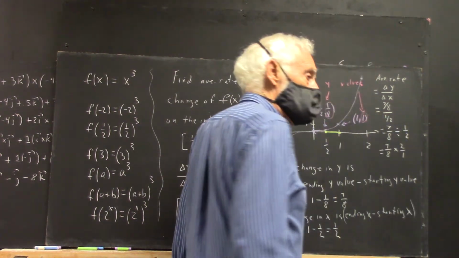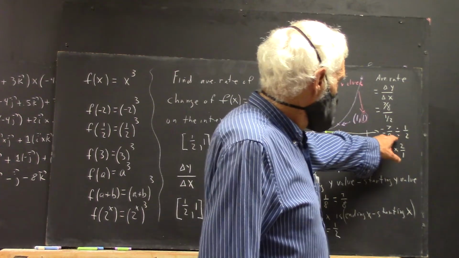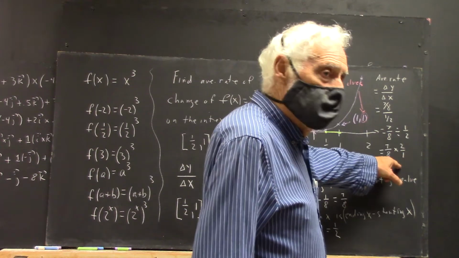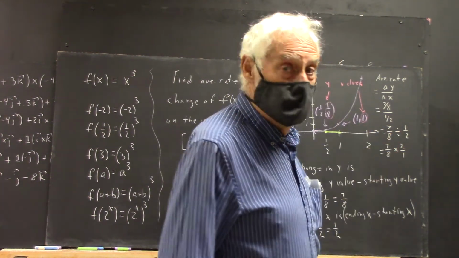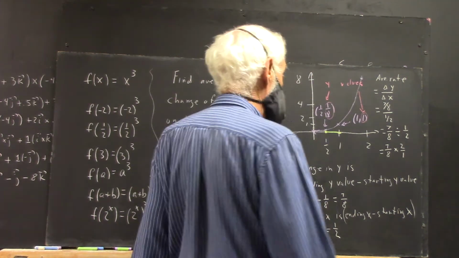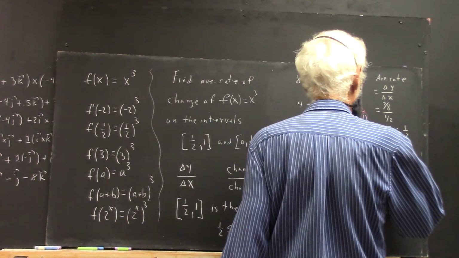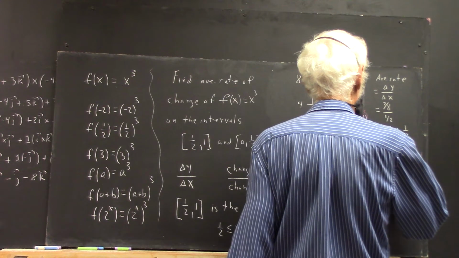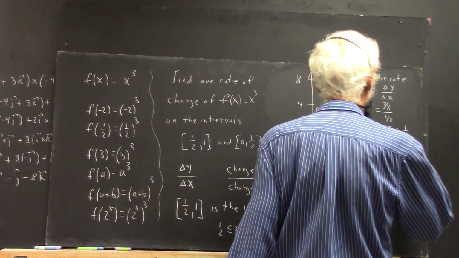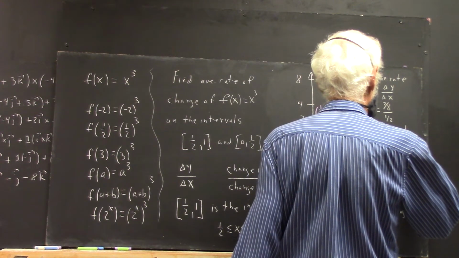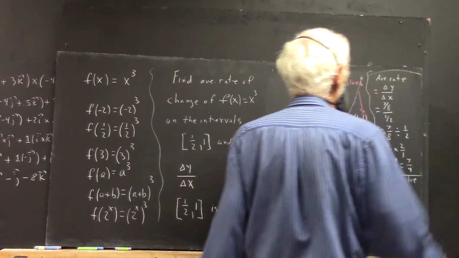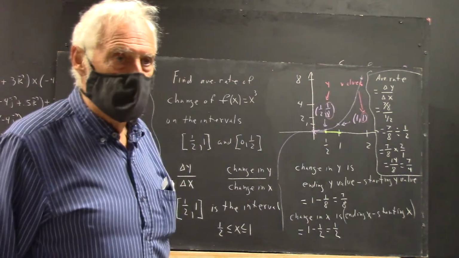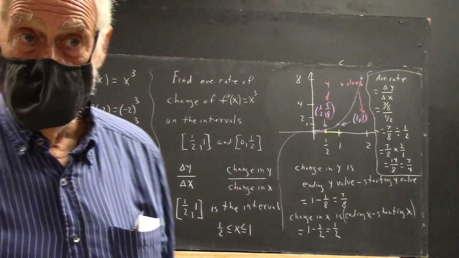When you divide fractions, the fraction you're dividing by is inverted as a reciprocal, and you change it to multiplication. There's your average rate. Okay?